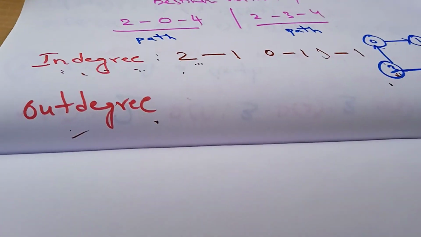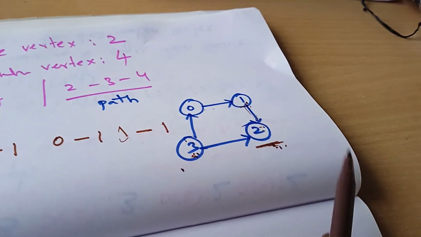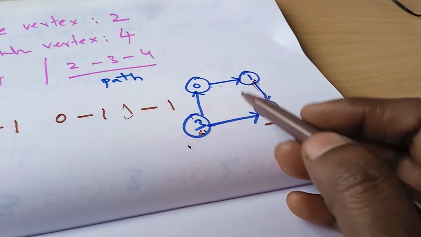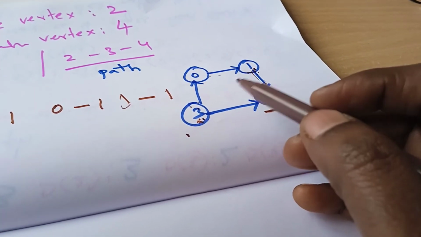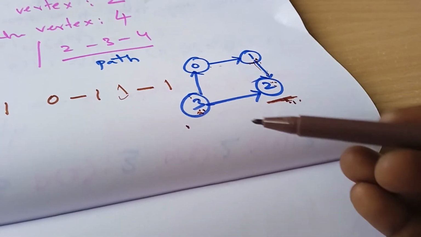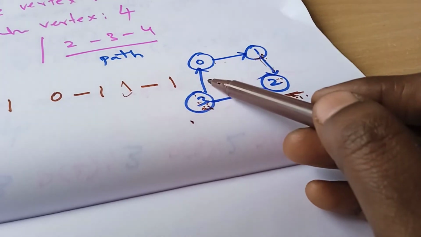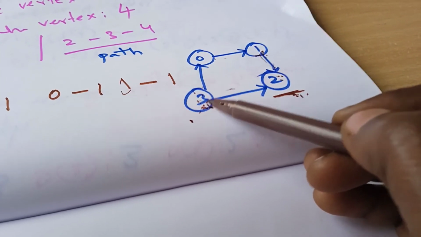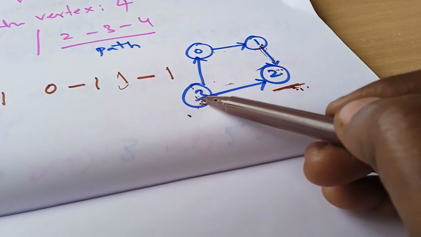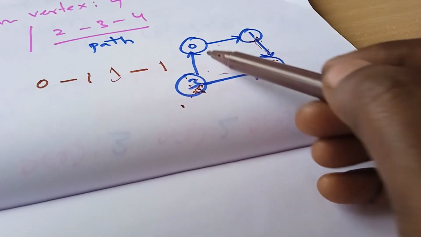Now let's see out degree. What is out degree? The edges going out from that vertex. In degree means those coming towards it, and out degree means those going out of it. Now what is the out degree of 3? It is 2. One edge is moving from 3 to 0, going out from 3.